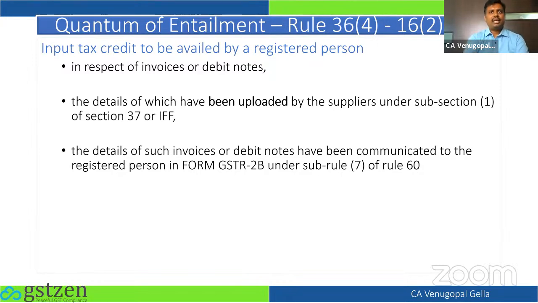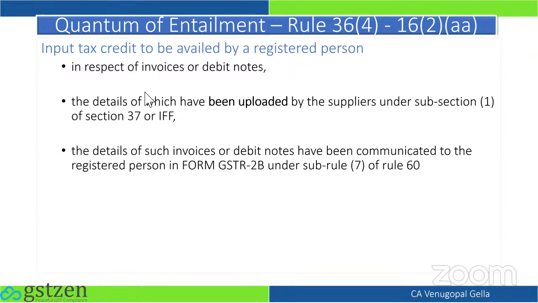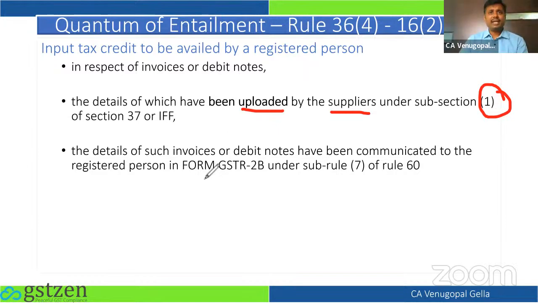The quantum of the input tax credit one has to avail is given by way of Rule 36(4), where it says that credit can be availed with respect to invoices or debit notes which have been uploaded by the supplier, which means GSTR 1. And this upload should be such that this information is available in GSTR 2B.